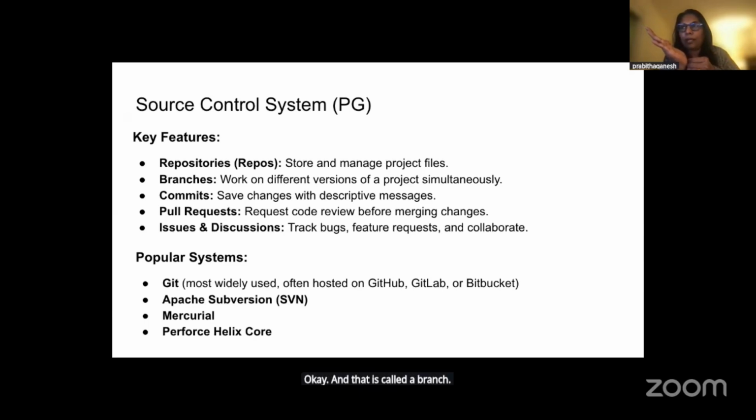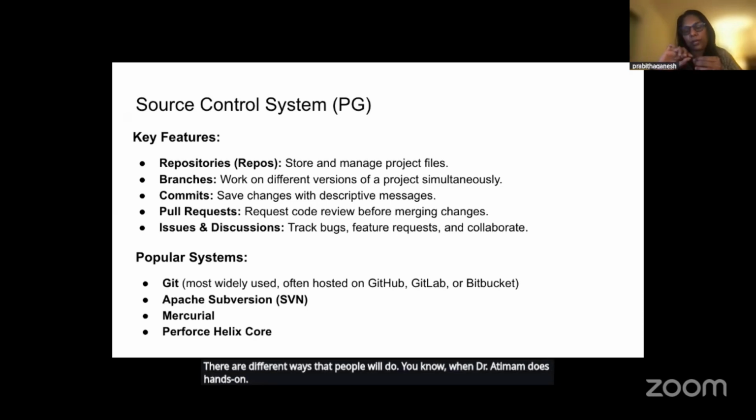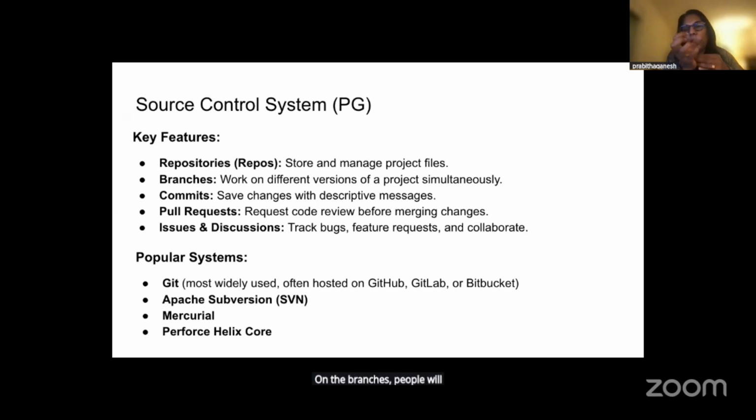They will make changes to all the things that they want to change in the main trunk, and that is called a branch. There are different ways that people will do this. When Dr. Aarti ma'am does the hands-on, you'll see how it all works together.